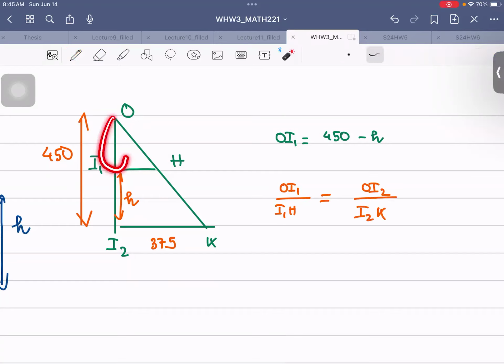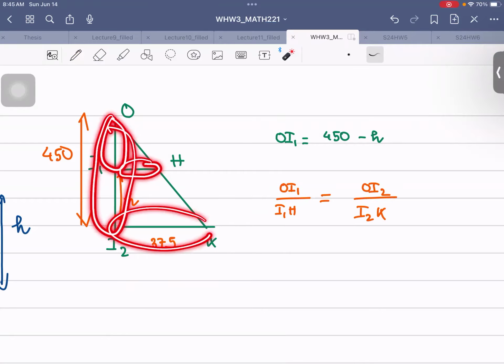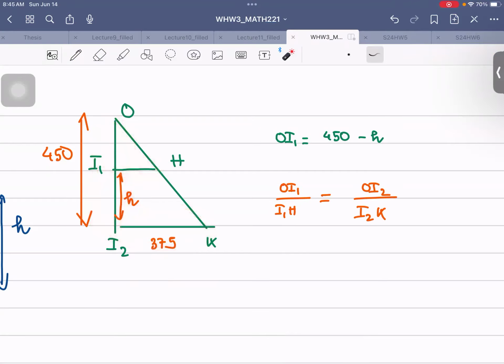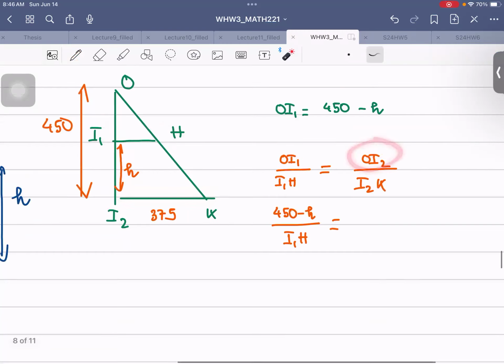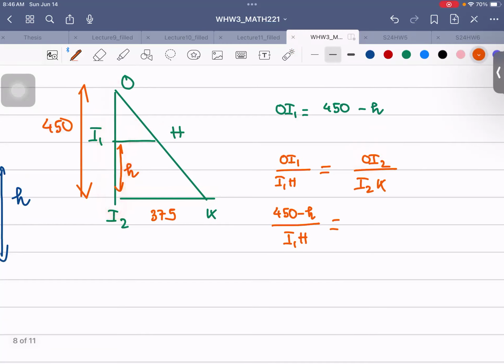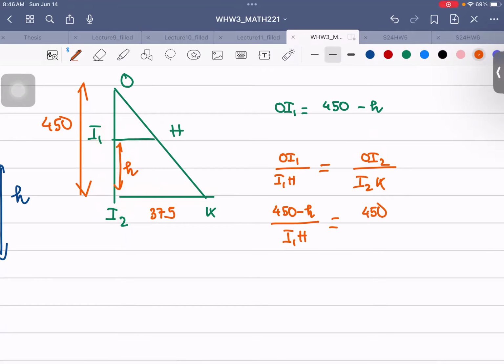This side divided by this side equals this side divided by this side because of the similar triangle. And OI1 is 450 minus H divided by I1H, and OI2 is 450, I2K is 375.